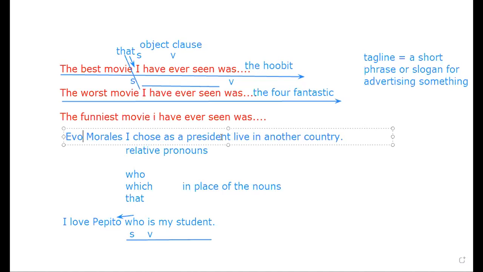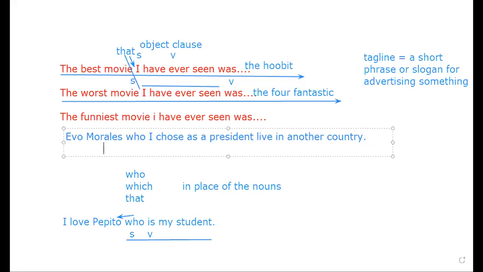I chose as a president Evo Morales. So Evo Morales, I chose as a president. It's possible, right? Or sometimes it's there: Evo Morales, who I chose. In this case, it's not deleted. Who is the object. Subject is I. Chose is the verb.